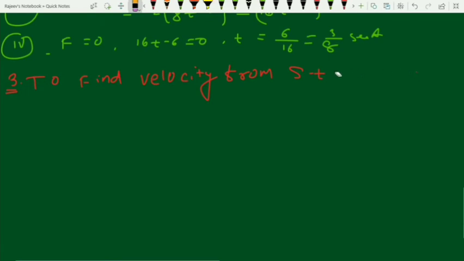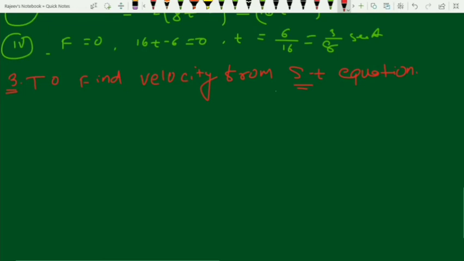The graph part we will discuss when I teach motion, right? ST means here displacement or distance. In the previous case we found acceleration from the VT equation. Right now we are going to find velocity from the ST equation.